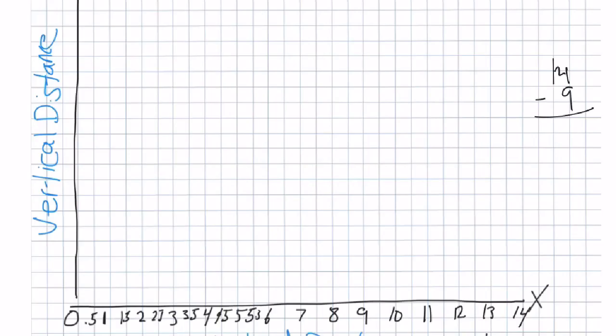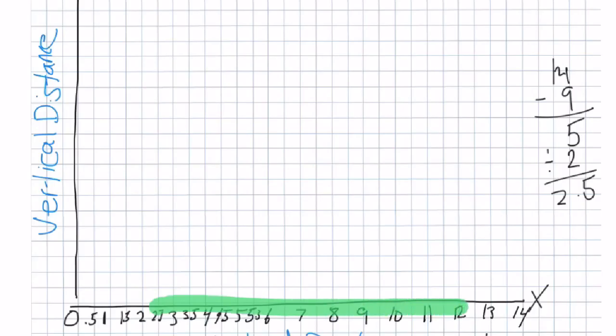That gives me 5. So that means divided by 2 is 2.5. I should start at the 2.5 mark and end with 2.5 inches on the other side. So I need to backtrack a hair at 11.5. That highlighted distance is the width of my ramp.